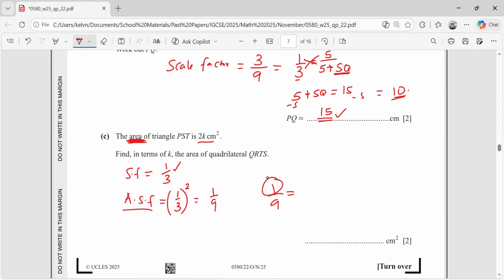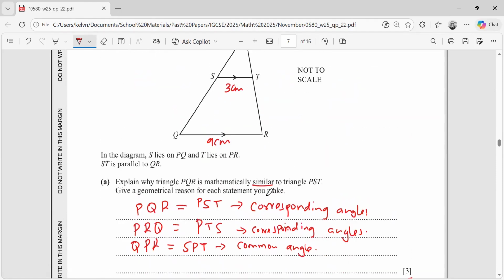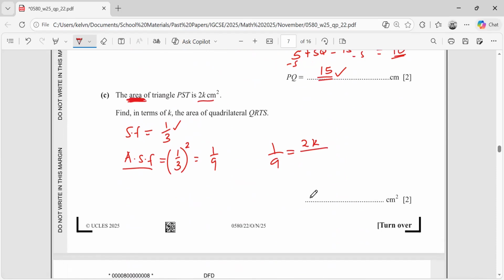The top value usually, in this case, will represent the smaller shape. In this case, our smaller shape is PST, which is 2K centimeters squared. And now to get the area of the larger shape, which is triangle PQR, I'm just going to write the area of PQR.